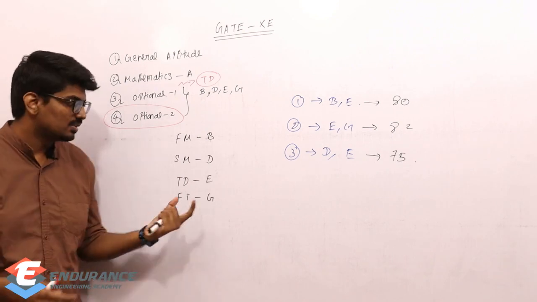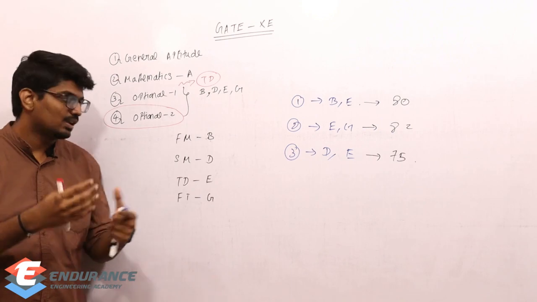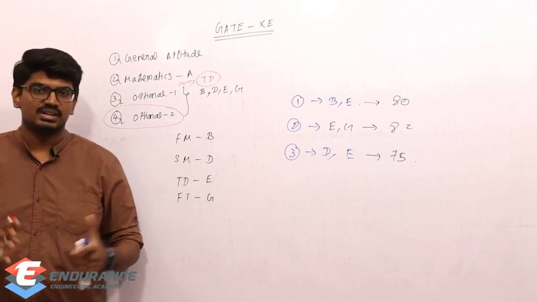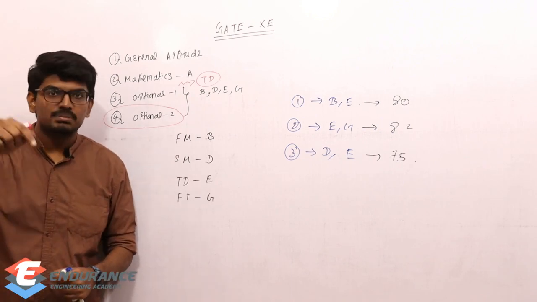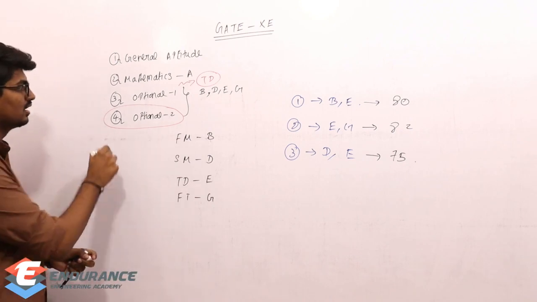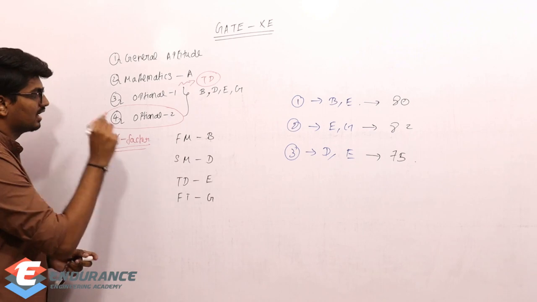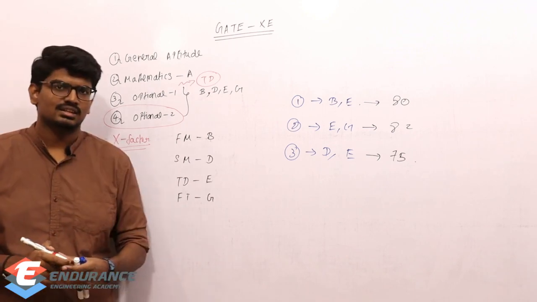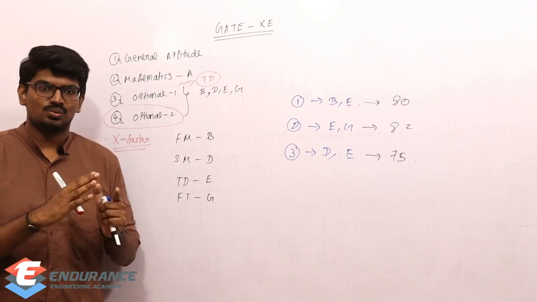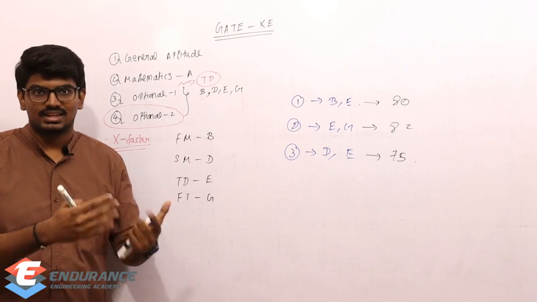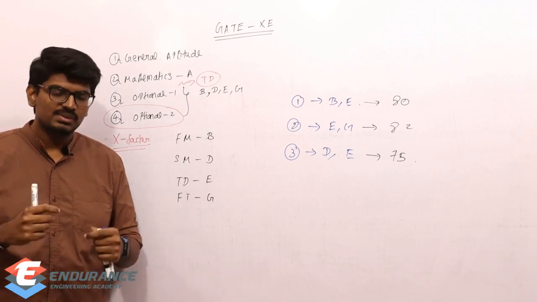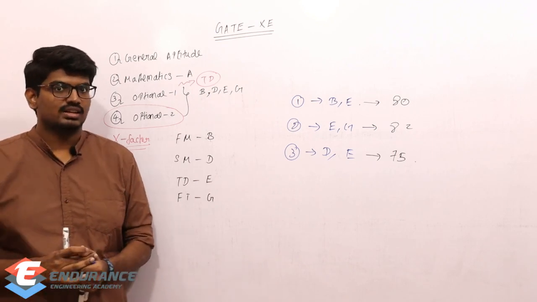If you are from food, you will be selecting food. If you are from mechanical, you have 2 more options, SM or FM, something like that. And that paper is going to be the X factor here. That is going to decide your rank. I can guarantee we will understand this once the results are out. I will be giving you some reason behind this also.